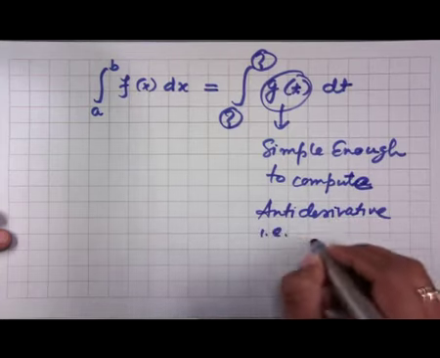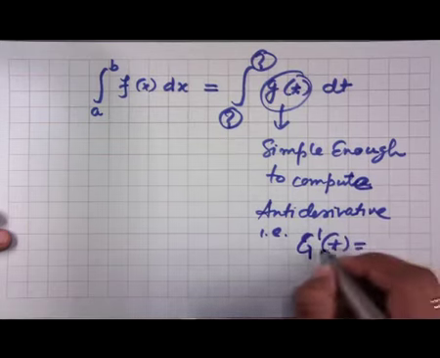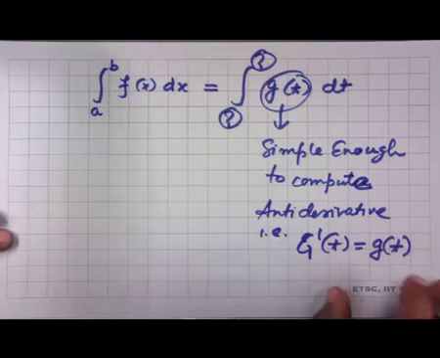That is, there exists G'(t) such that there exists G(t) such that this is equal to small g(t).